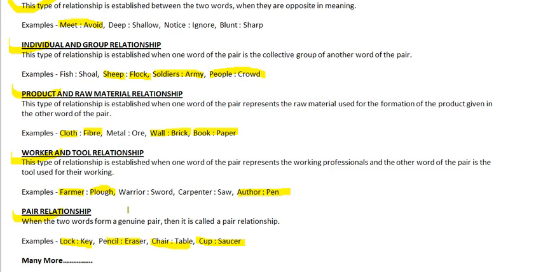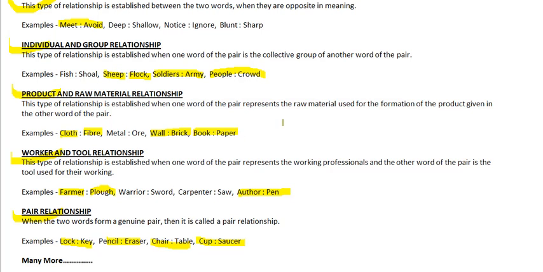These are some of the general relationships which we can see in most of the questions appearing in the examinations. Similarly, there are many more types of relationships, like part and whole relationship, male and female relationship, animal and young one relationship, and many more.